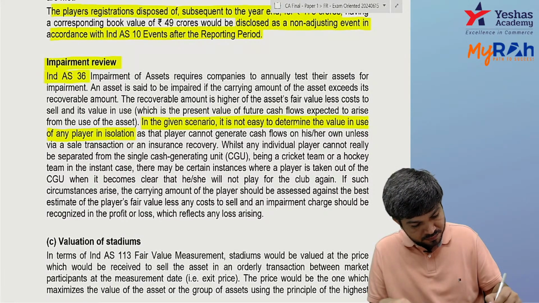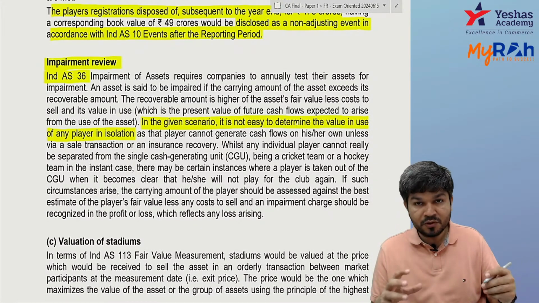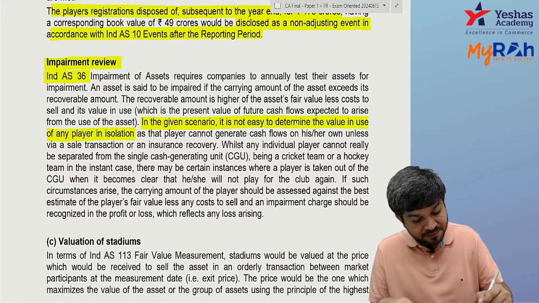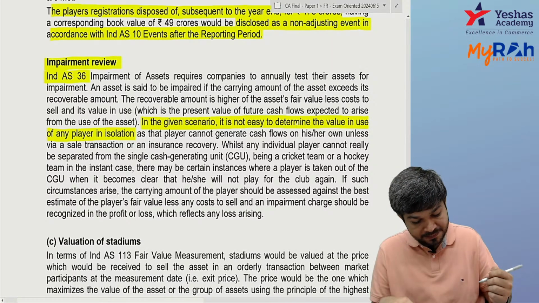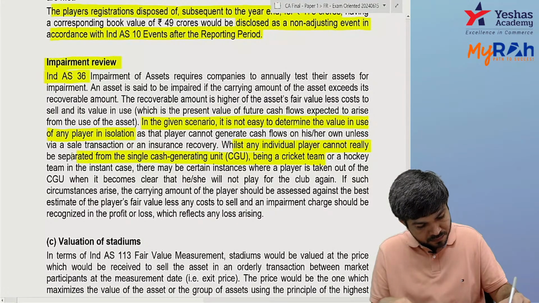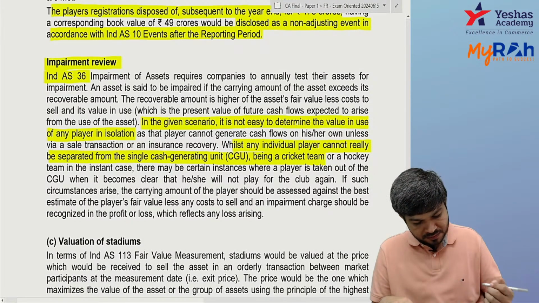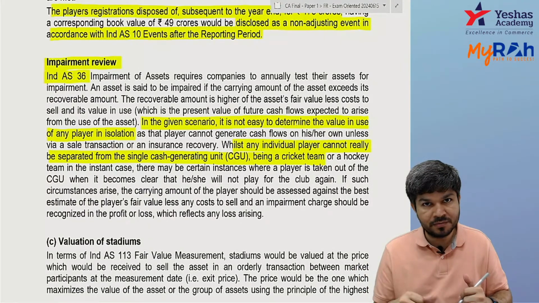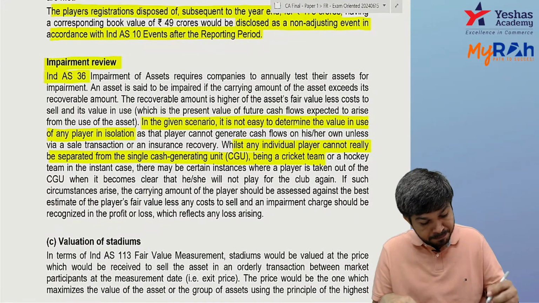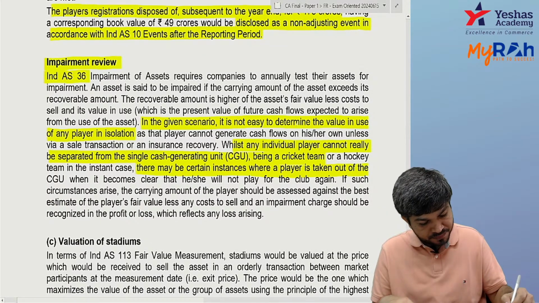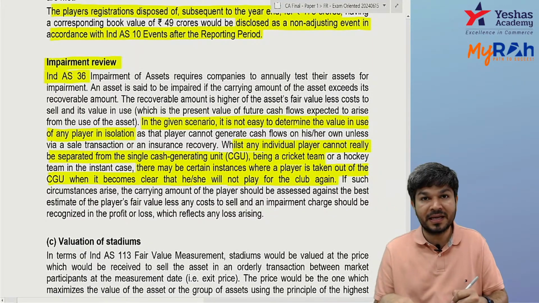Okay, so better, you'll have the CGU concept. Any player cannot really be separated from the single CGU, that is the team. So generally impairment testing is to be done CGU-wise. Normally it cannot be done for a player, but there may be instances where a player is taken out of the CGU when it becomes clear that he or she will not be able to play for the club again.